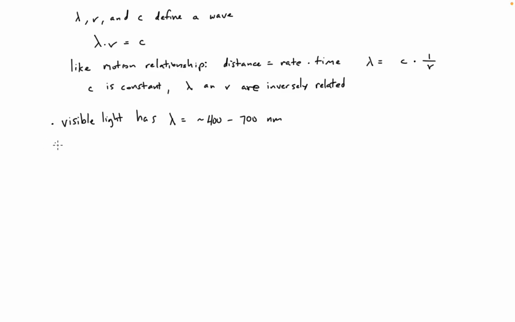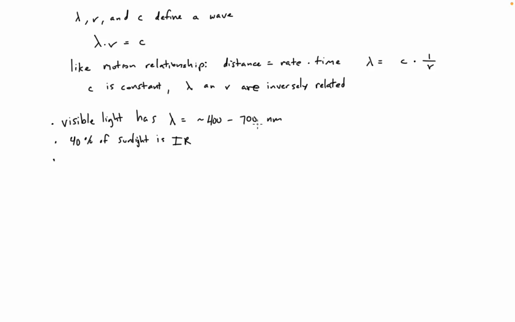These are just some important factoids. In terms of the sun, about 40% of sunlight is in the infrared spectrum. So let's talk about this for a second.